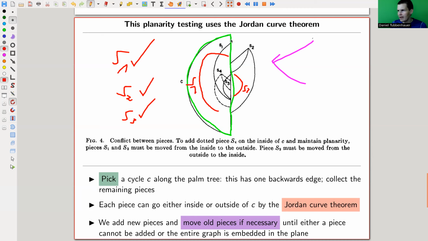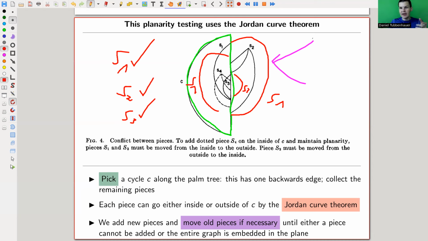And then you can flip S1 over, and S1 will be somewhere here, and S4 fits. And you just run that algorithm. If something doesn't fit, flip everything over that has a problem with your S4 in this example. And if that works, continue. And if that doesn't work, then stop, and it's not planar. It's really easy, right?